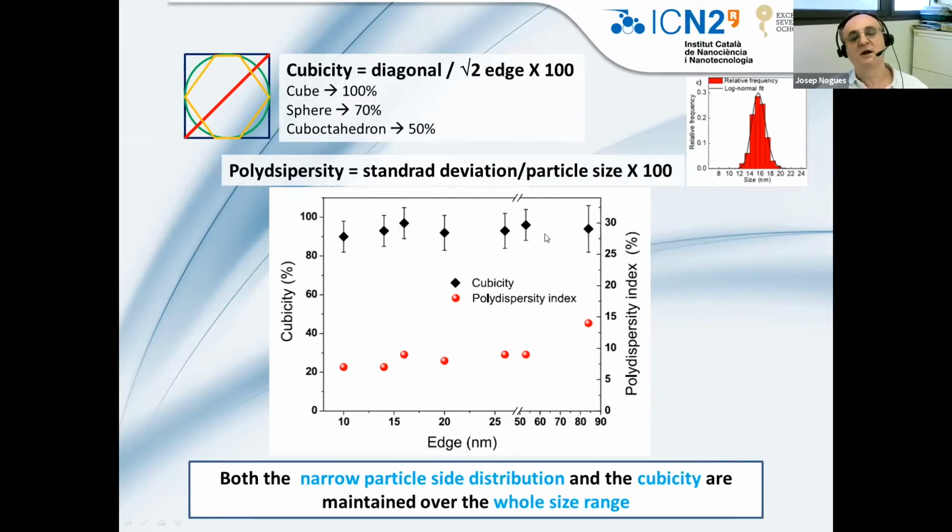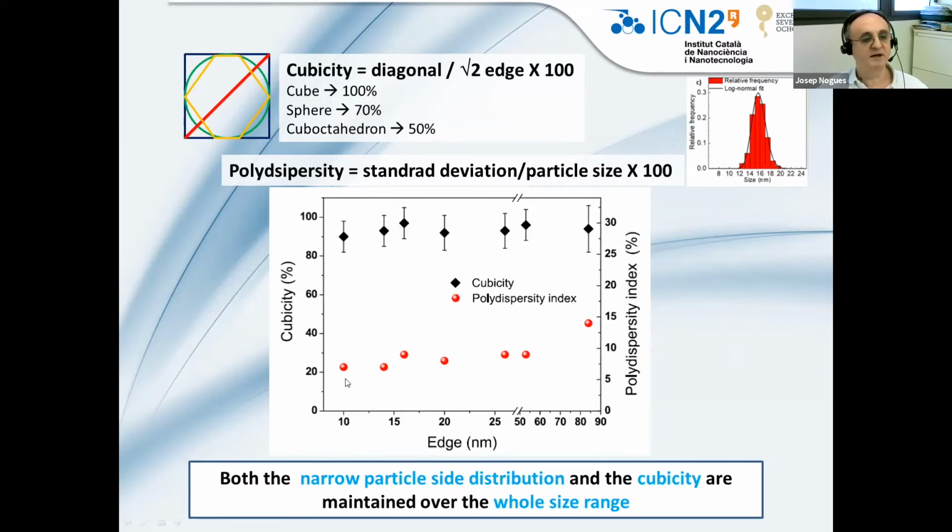Second, we checked how homogeneous the particles were. In this case, this is a typical particle size distribution. So we check the standard deviation, which is the width of this distribution, and we divide it by the particle size. This is what's called the polydispersity index. And usually below 10% you are supposed to have a monodisperse sample.